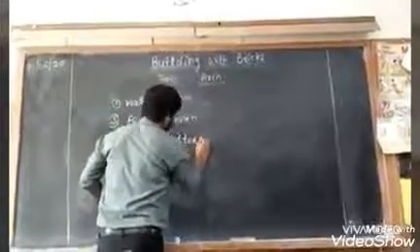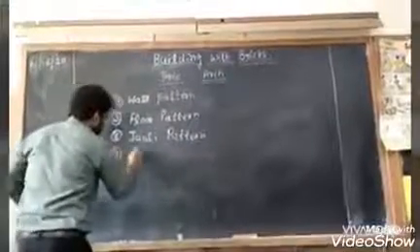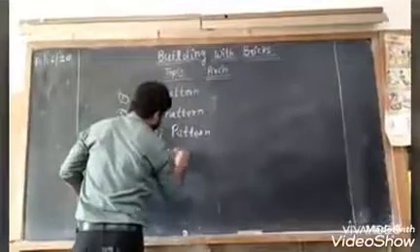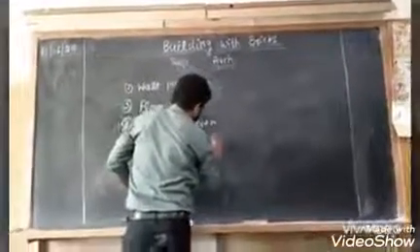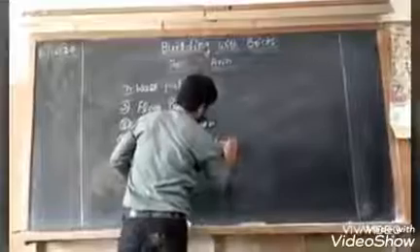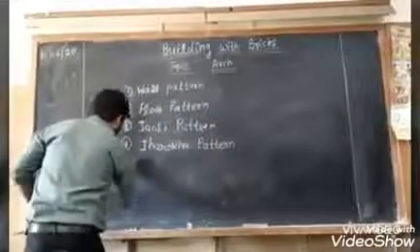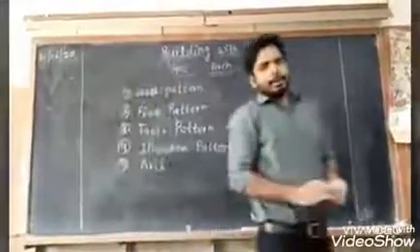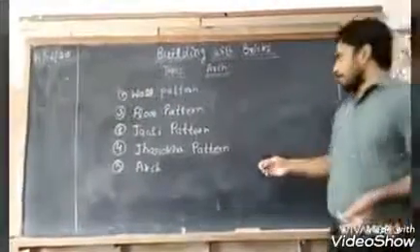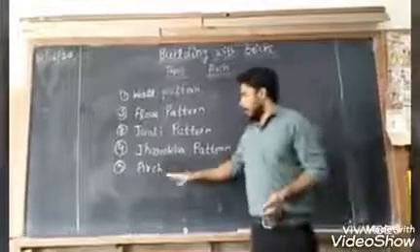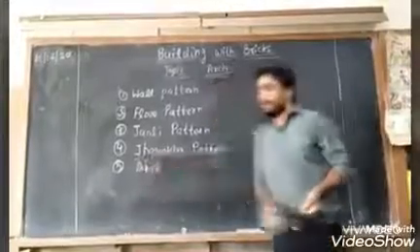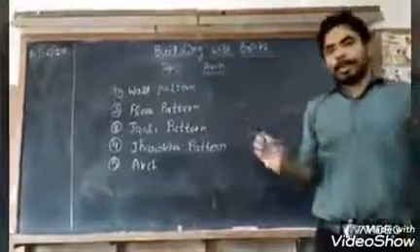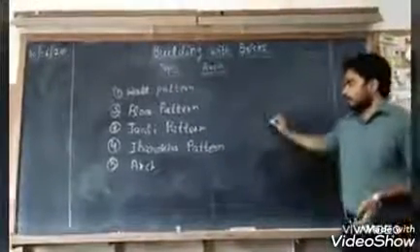Yeah, a small window in the wall. And jharoka pattern, it is like a big window within the wall. All these patterns are made with the help of brick. So this last one, the arc, is also made with bricks. So now you can use your own pattern to make an arc.